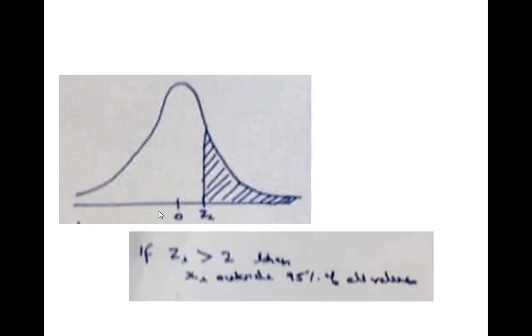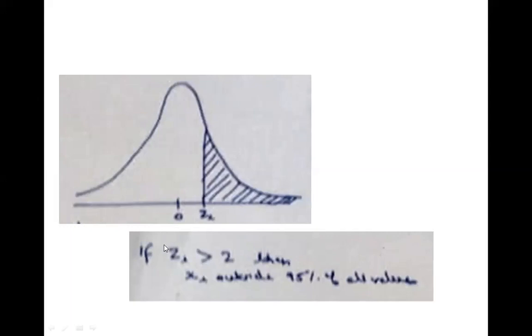So if Z score is more than 2, then it means that that particular value of variable is outside 95% of all values. This you all know that beyond two standard deviations, data is less than 95% because within two standard deviations, 95% of data is present.